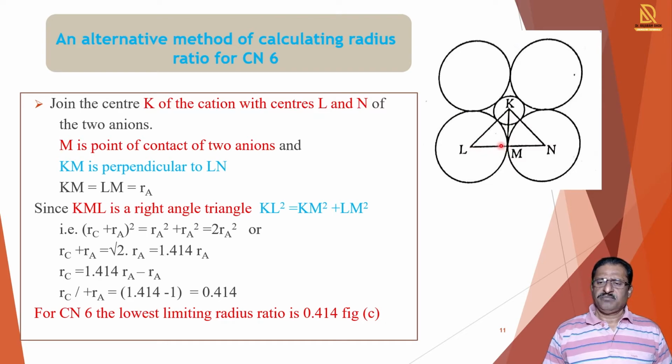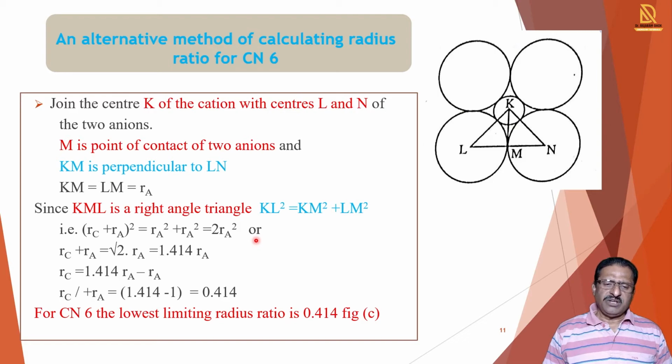For that, we write the equation KL square is equal to KM square plus LM square. By solving this, we get KL square is equal to (radius of cation plus radius of anion) square is equal to Ra square plus Ra square, that is equal to 2 Ra square.